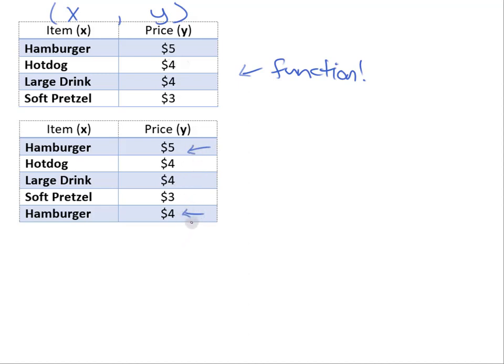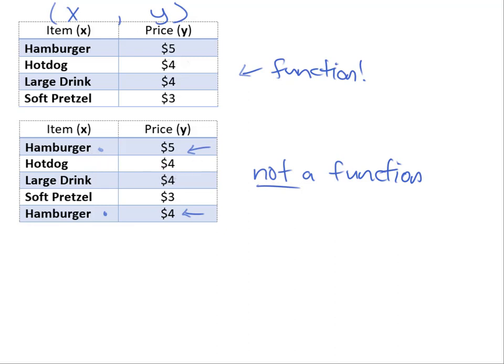No, right? We'd say something's not functioning there. And in fact, for this one single input, the same input of hamburger, we have two different outputs, two different y values. This is not a function. Okay, so for any given item or input, there should only be exactly one output.